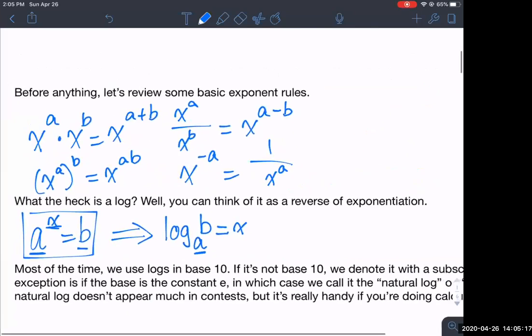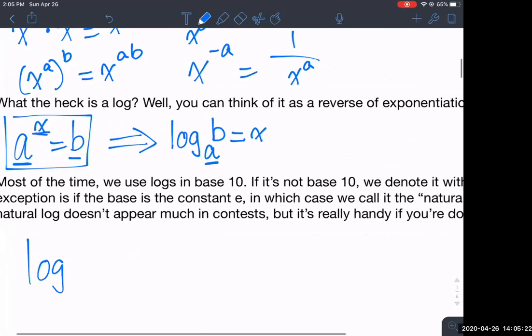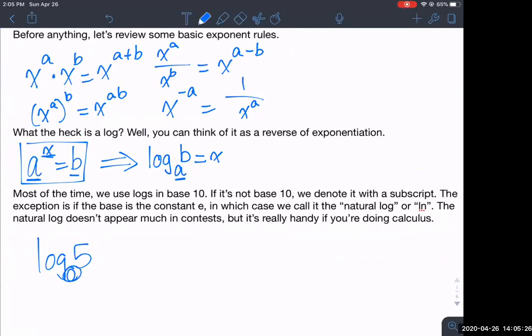Most of the time, we will use logs in base 10. If you see log 5 with no base, no subscript, that'll just be log base 10. So log 5 is going to be the number where 10 to the log 5 gets you 5. If it's not base 10, we'll say log base 2 or log base 3 or whatever base you're using.